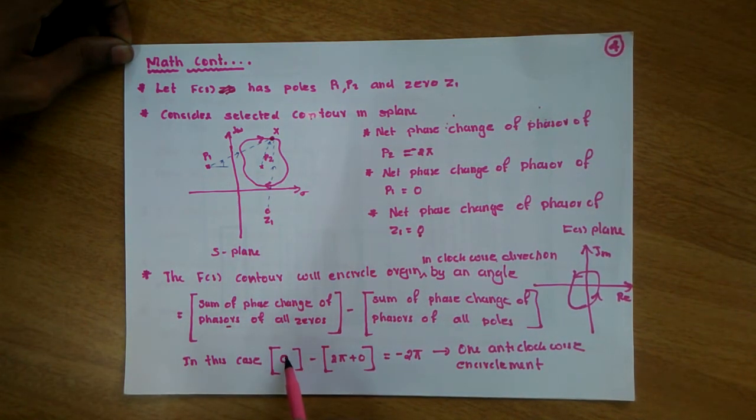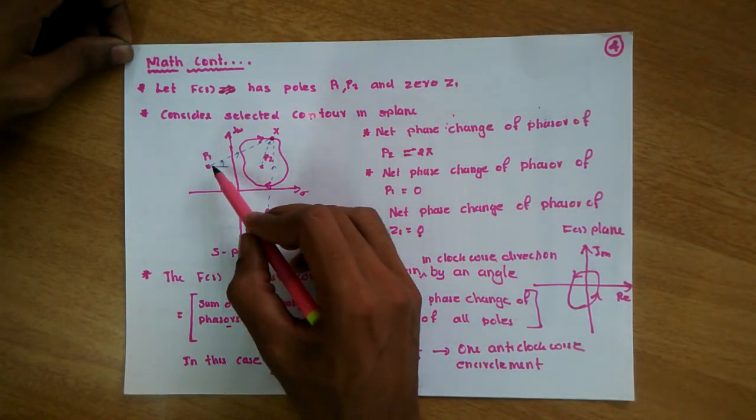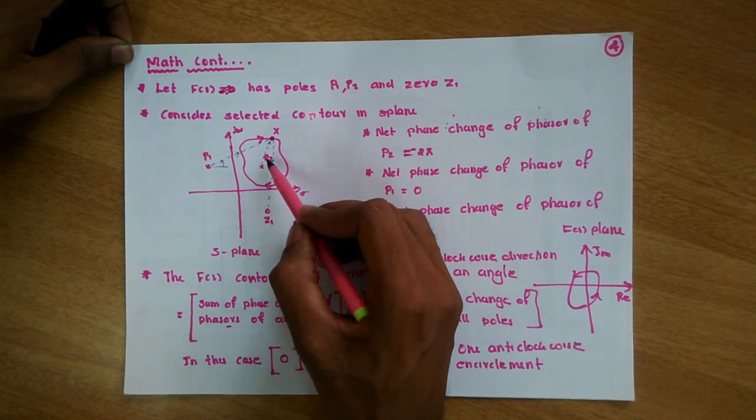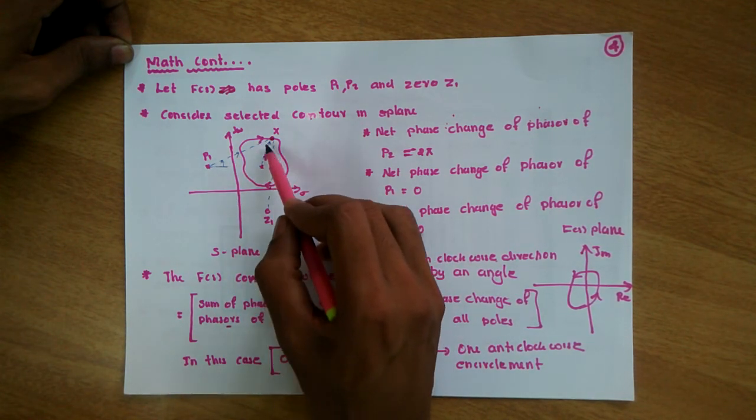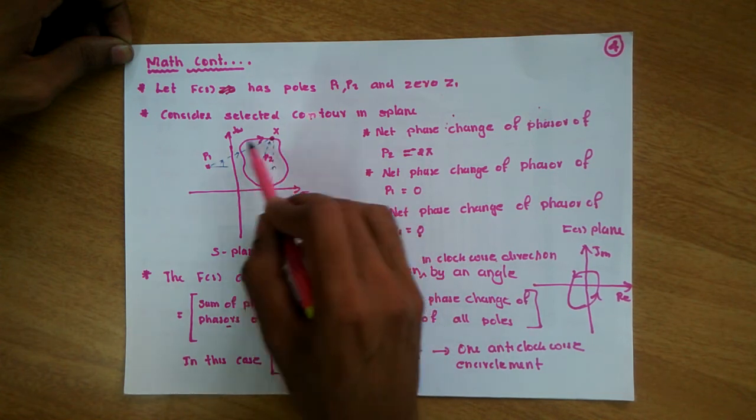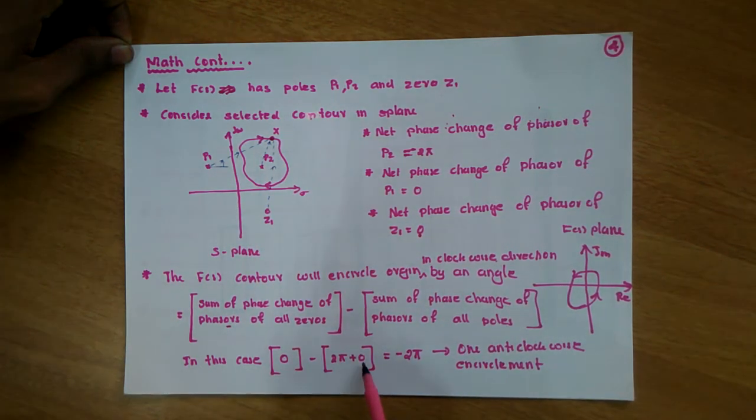So I have 0, I have no other phasor from zeros, and minus the sum of phase change of phasors of all poles. So I have one pole over here and one pole over here. The phasor from p1 rotates through 0 degree, and phasor from p2 rotates 2 pi. So 2 pi plus 0 gives minus 2 pi.